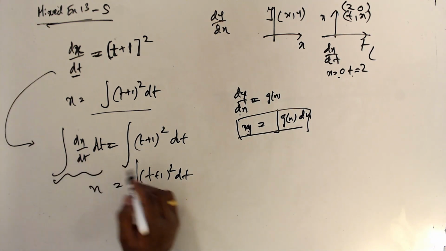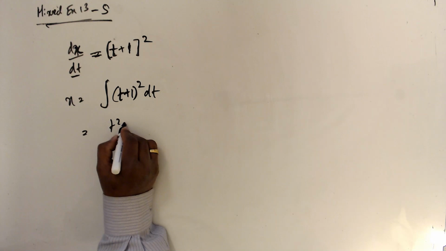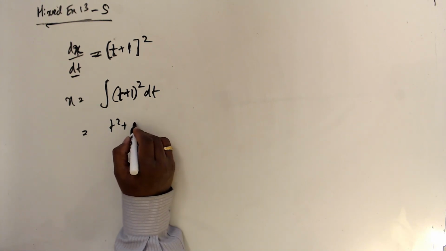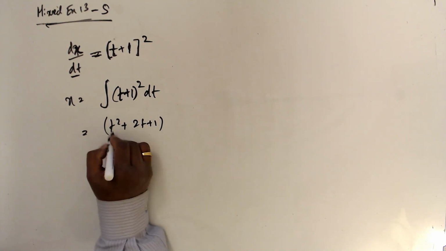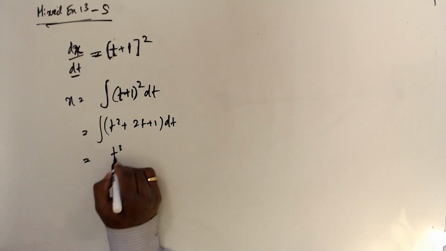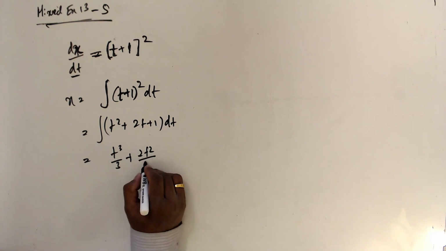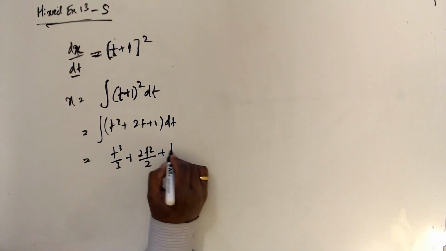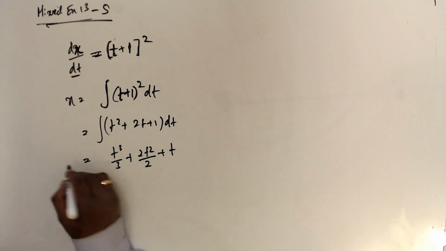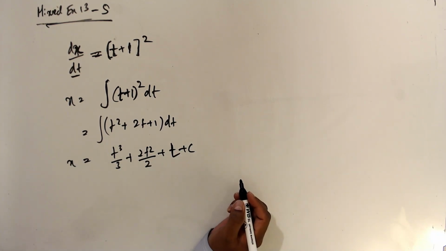I didn't write this step. Now x equals the integral of t squared plus 2t plus 1 dt. Now this is t cubed over 3, 2t squared over 2, and this is t, plus c.